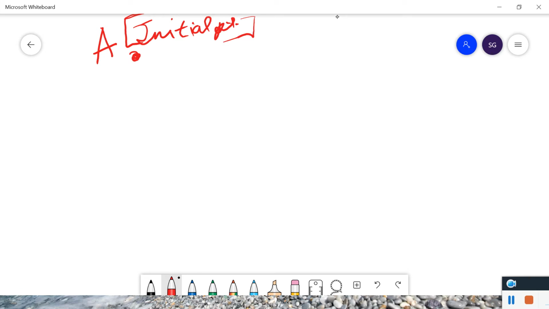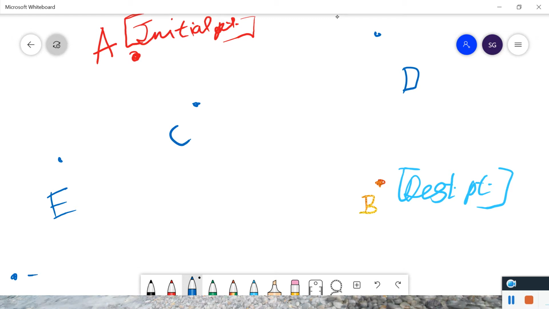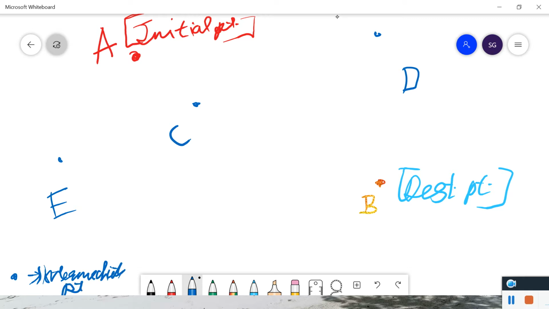Take B as the destination point, and take C, D, E. These are all intermediate points.